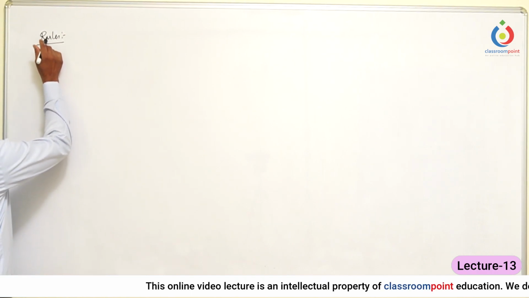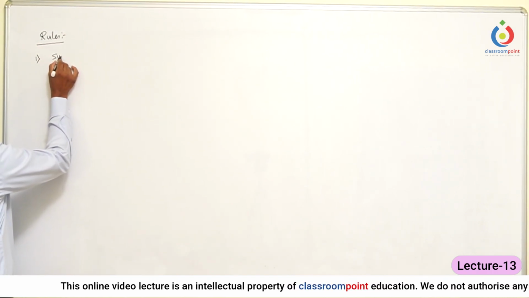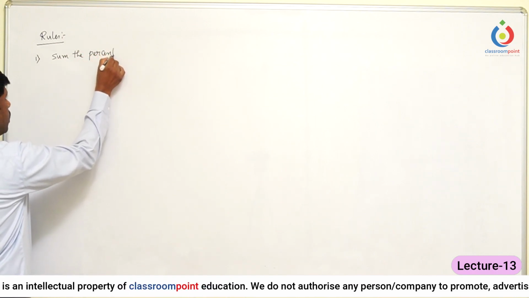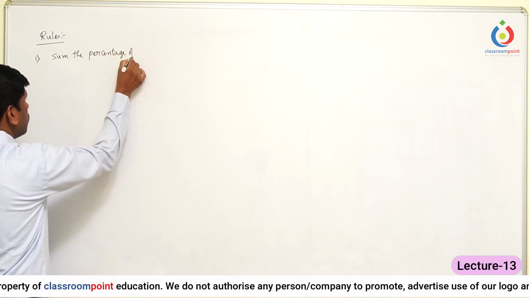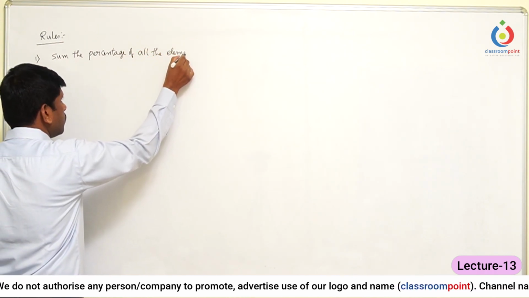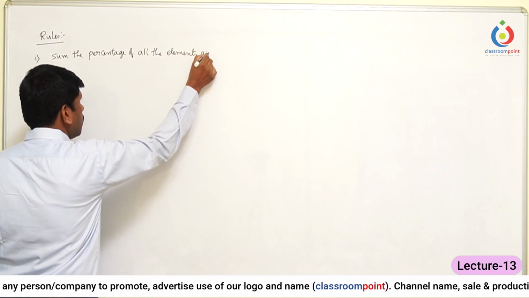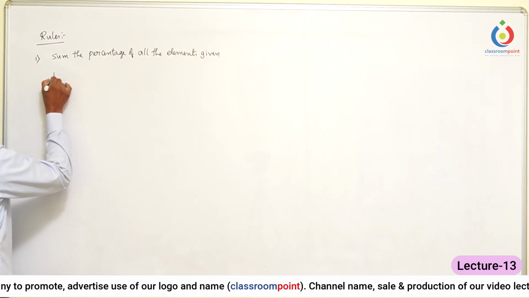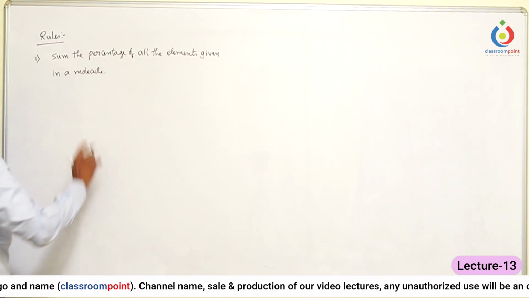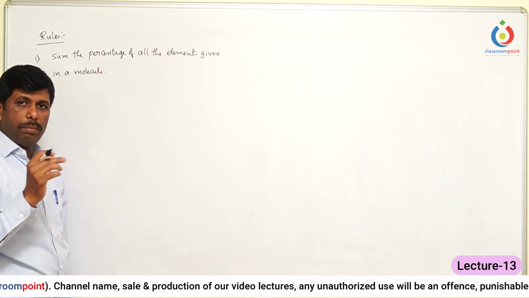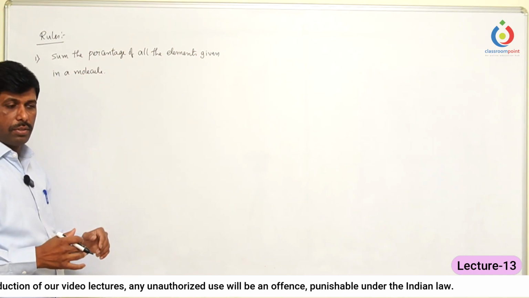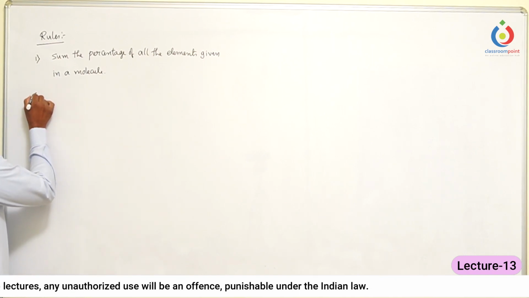So the first rule is: sum the percentage of all the elements given in a molecule. Whenever the percentage mass of the elements is given, first of all we have to sum all the values.